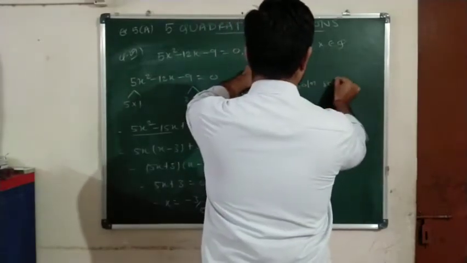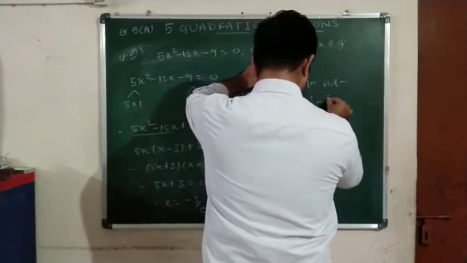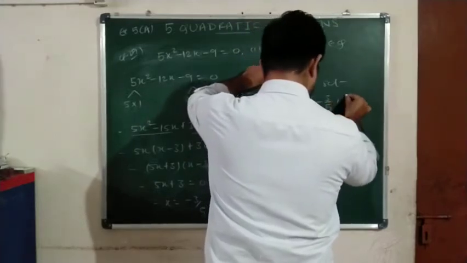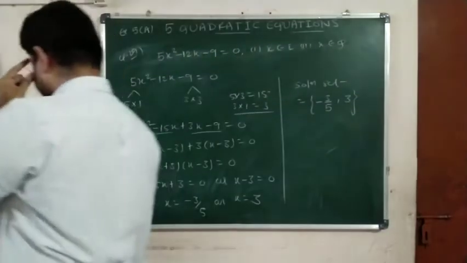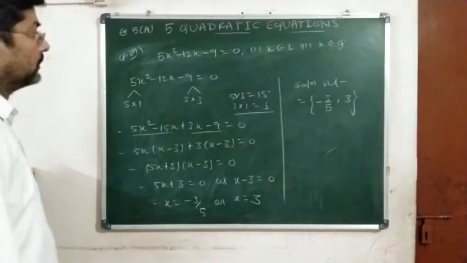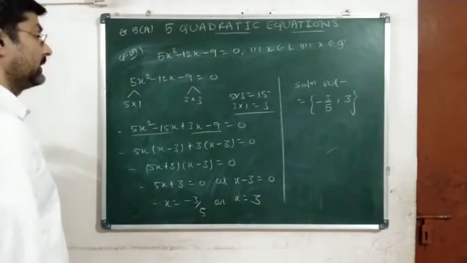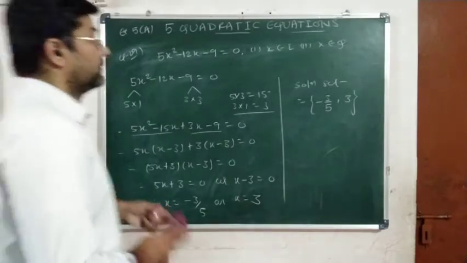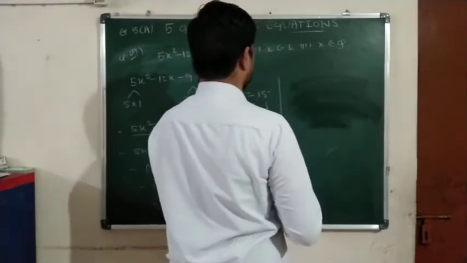Therefore the solution set is minus 3 upon 5, comma, 3. Clear? Okay, so we are done with question number 29. Now actually here, two options are given for the solution set, so accordingly we will write down.